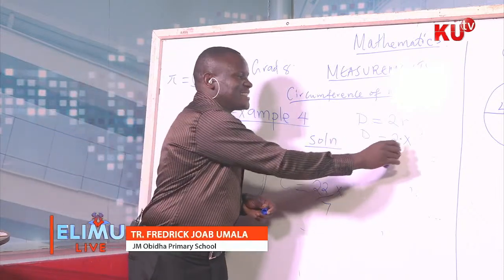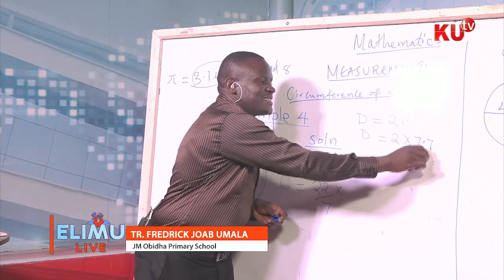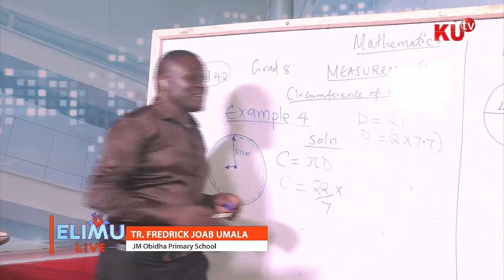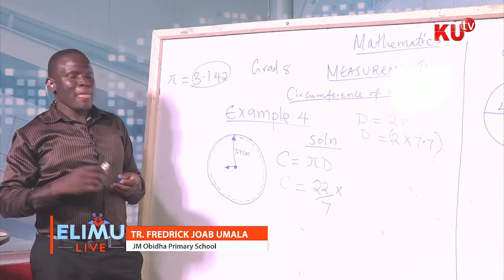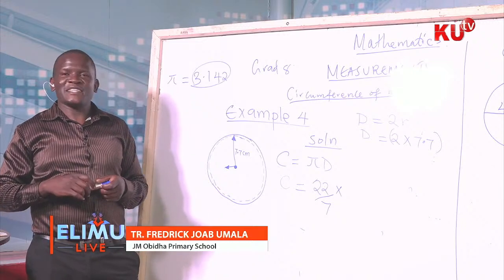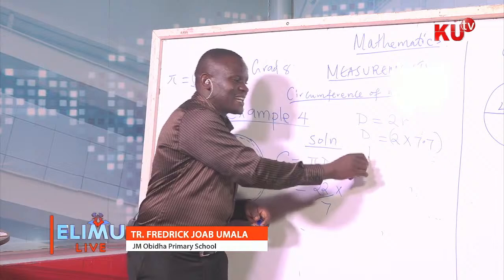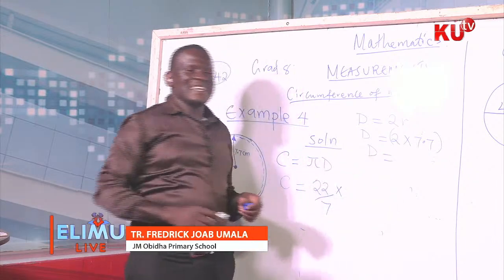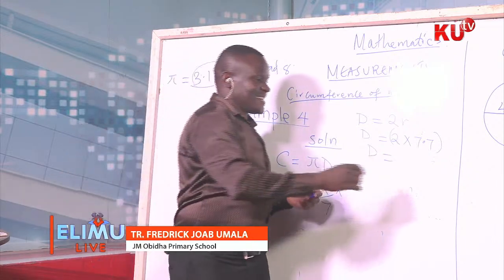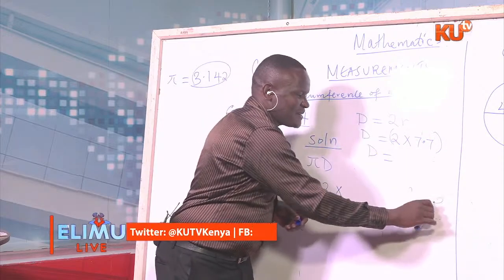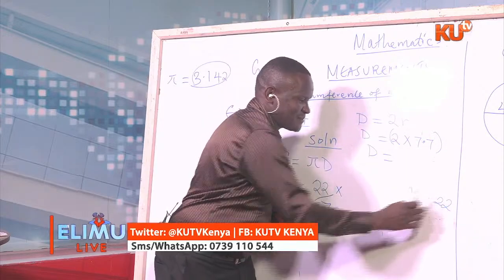So when we multiply 7.7 by 2, let's work it out.